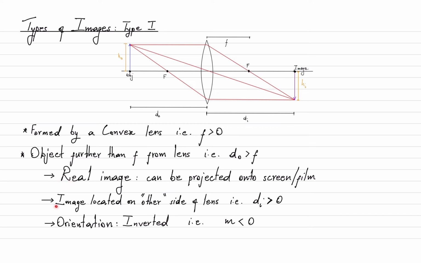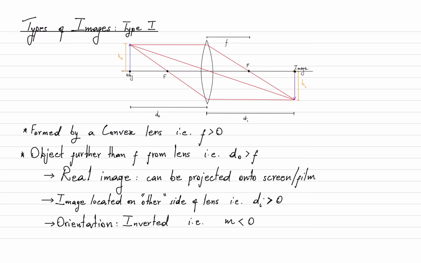Moreover, the image produced by such a lens under such a condition will be located on the other side of the lens. This is very important. Notice the object is on one side and the image is on the other side. The two are not on the same side. Hence, the image distance is larger than 0.